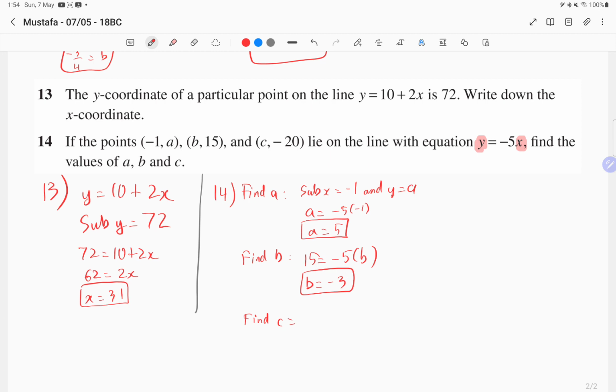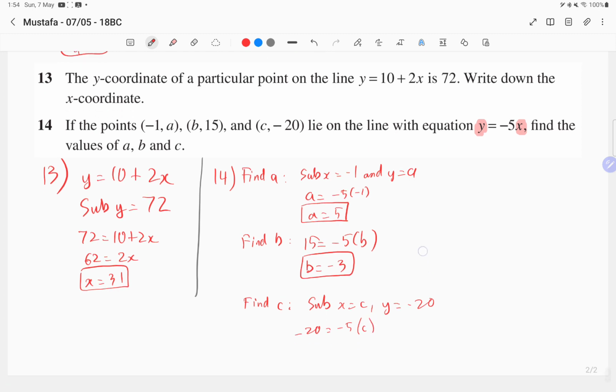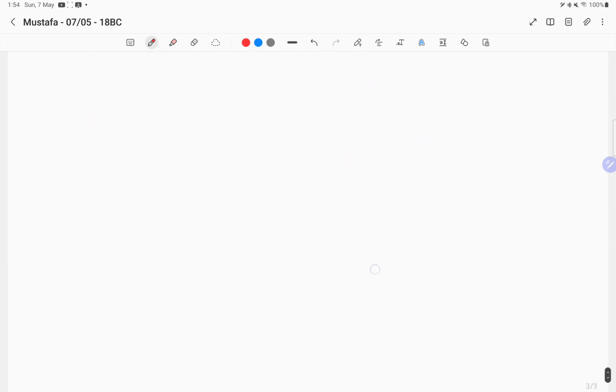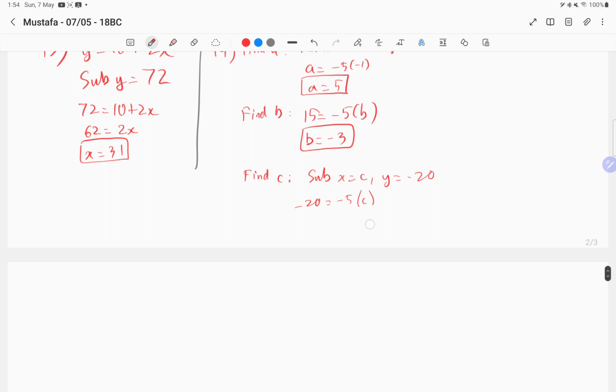I think of this as dividing by negative 5 on both sides. C equals negative 4?